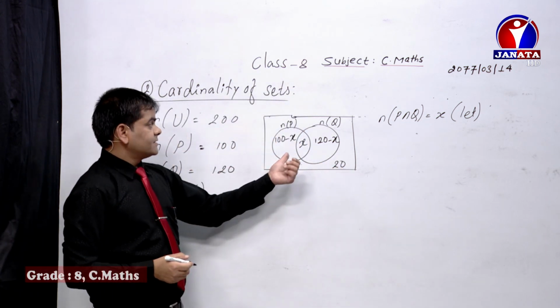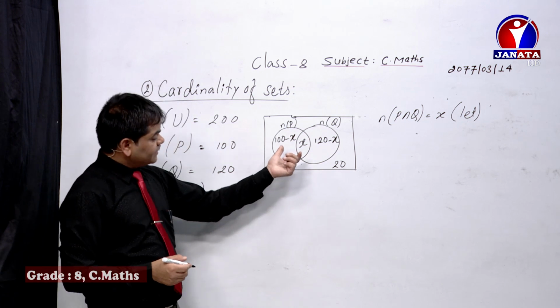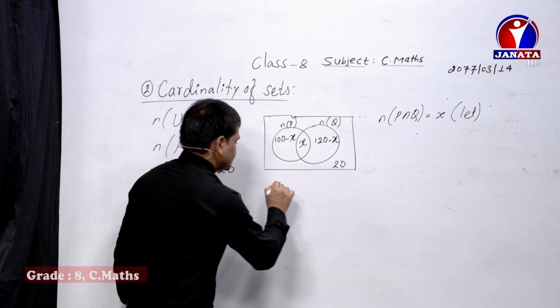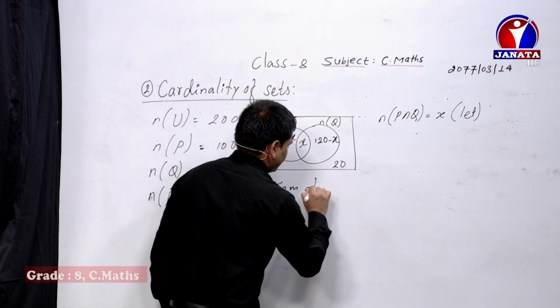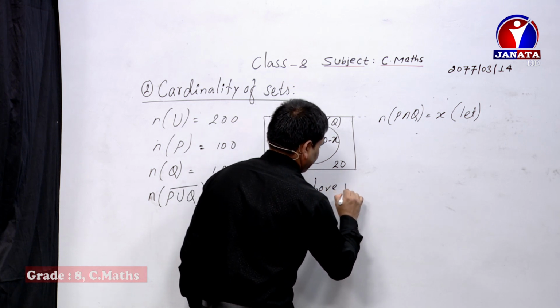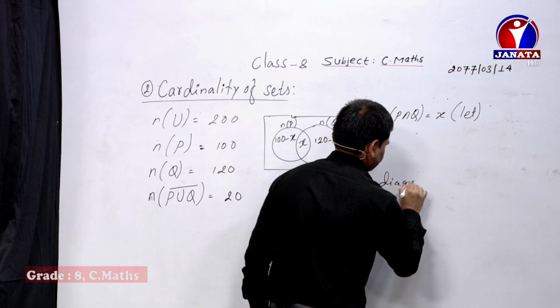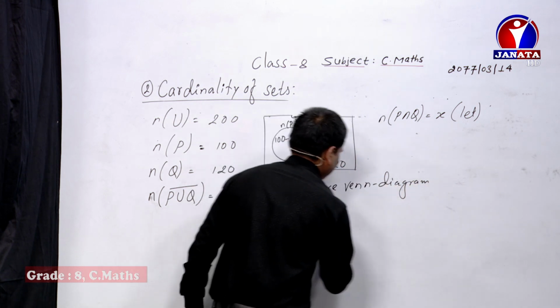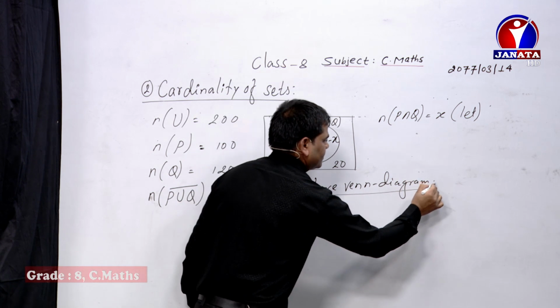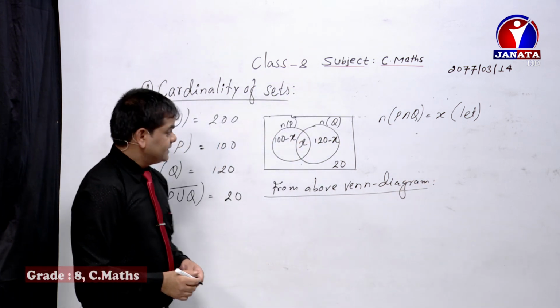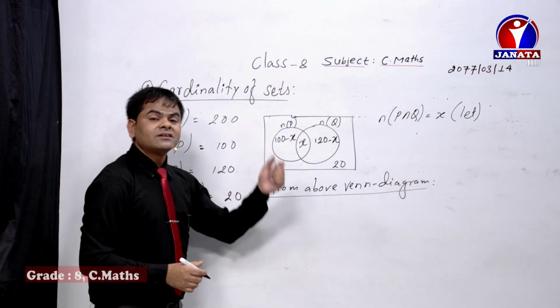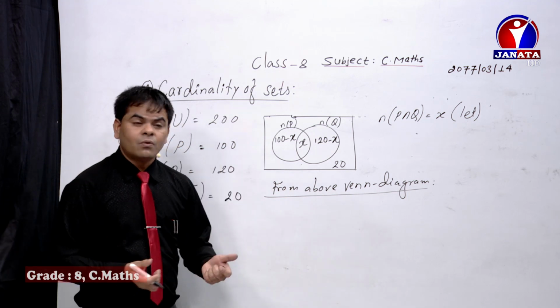Now, dear students, after representing the information in the Venn diagram, write just one sentence: from the above Venn diagram, add the value contained in the whole rectangle.